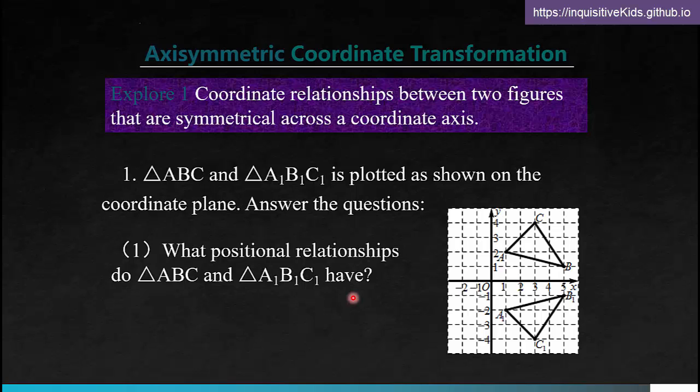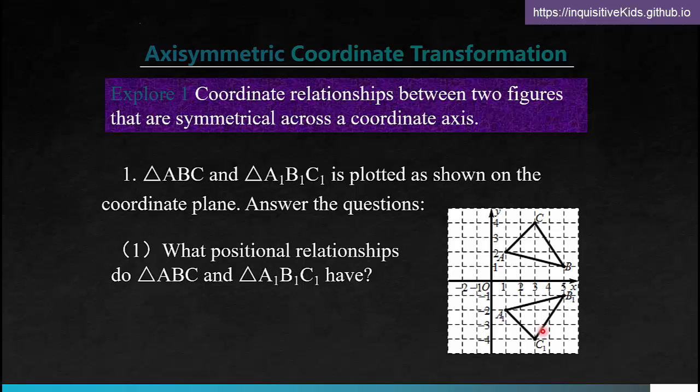Well, after reading the title of this section, you probably have noticed that they are symmetrical about the x-axis. Just like the earlier example of that heart, instead of line A, these two figures are symmetrical about the x-axis. So that means that if you fold them across the x-axis, they'll overlap perfectly.